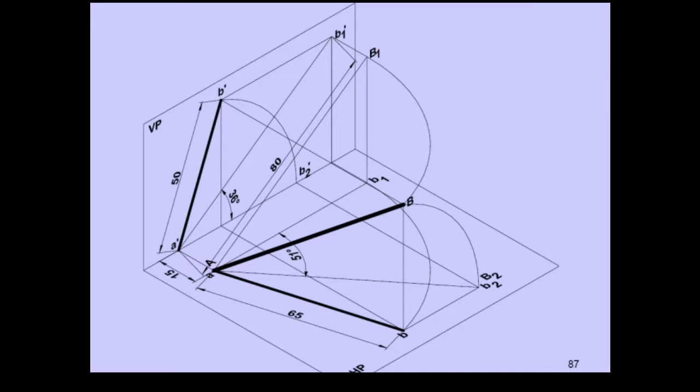So end A of the line is on HP, and initially considering the line parallel to VP, inclined only to HP, the corresponding front view is along A B1 with true length 80 mm, and the corresponding top view length AB1 is the specified length of top view. Using these two projections we can determine the corresponding true inclination, which happens to be 36 degrees.